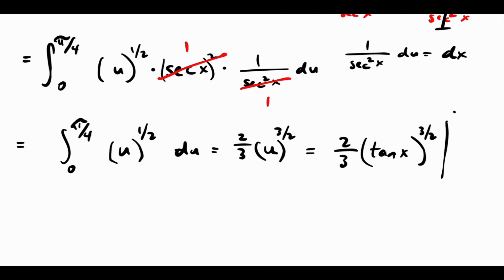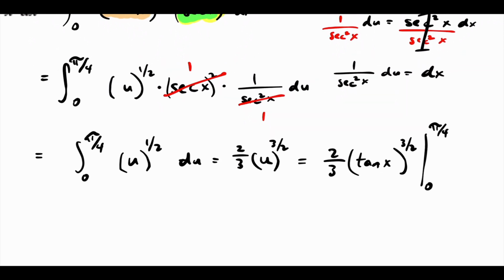Now the evaluation part. Now the bounds are going to come in. Got the antiderivative. It's 2/3 times the tangent to the 3/2 power. Now I'm going to plug in pi over 4 first, and then 0, and then subtract them, and I'm done.